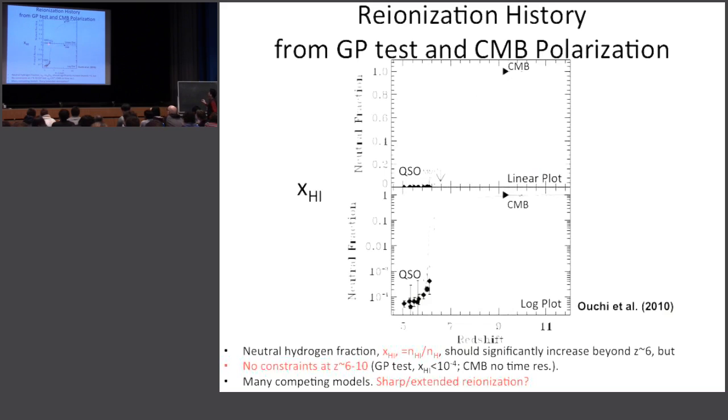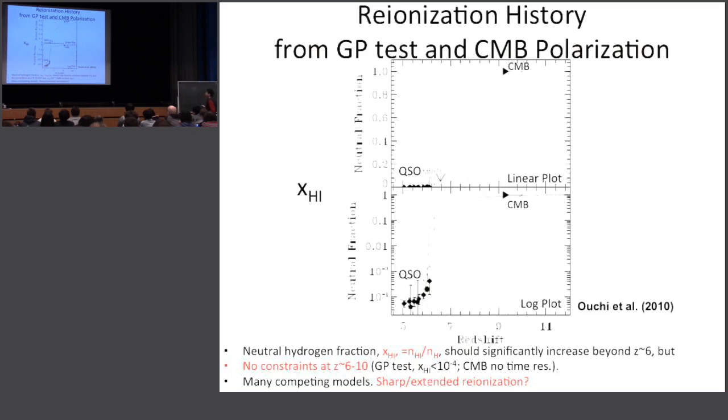But between redshift around 6 to 10, there are no meaningful observational constraints, and there are several competing theoretical models of the cosmic reionization history, so you cannot distinguish them.